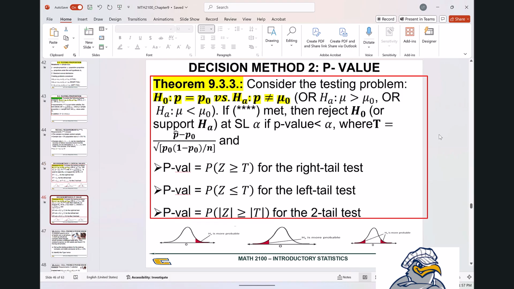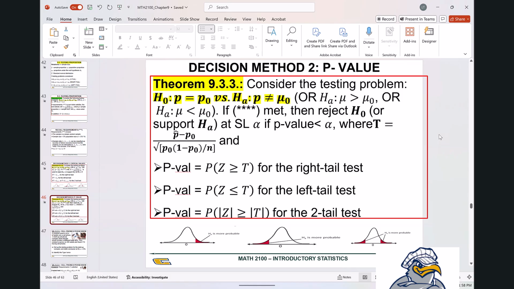And for the p-value method, this is how you calculate it. For the right tail test, the probability of Z greater than or equal to T, which is basically one minus the normal CDF of T. For the left tail test, the probability of Z less than or equal to T, which is just the normal CDF of T, 0, 1.